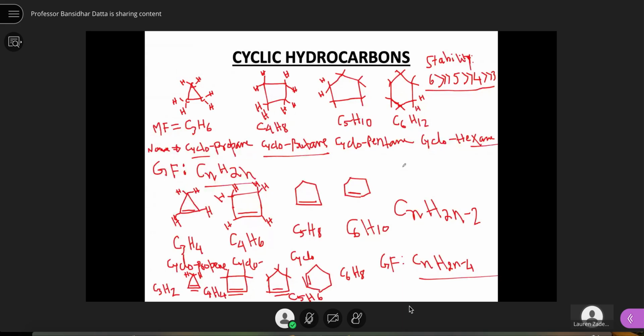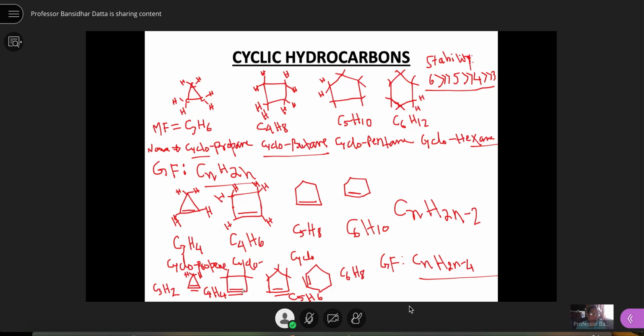Can you go over the names for the bottom ones again? So cyclopropyne. All of them are cyclo, so definitely cyclo is added. Propyne.